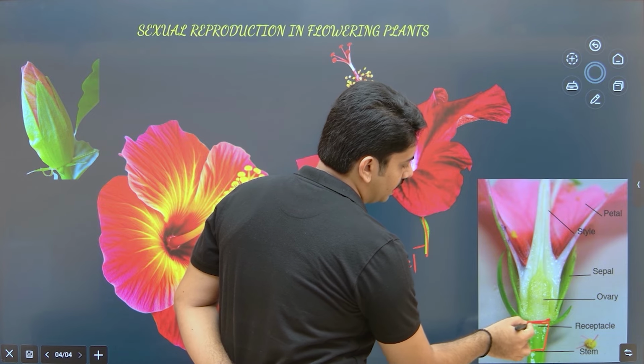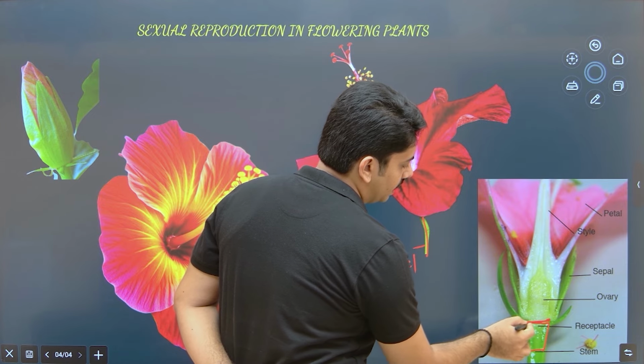Outermost here you can see this is not calyx, it is epicalyx, observed in hibiscus. Next comes calyx, common name is sepal, and then corolla. Here you can see the corolla, they are all fused, gamopetalous condition, and here you can see the gynoecium part.